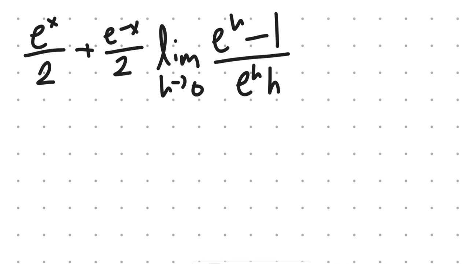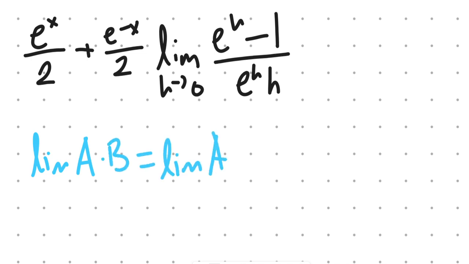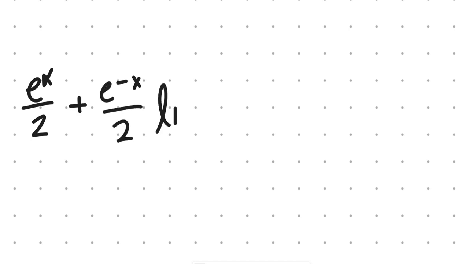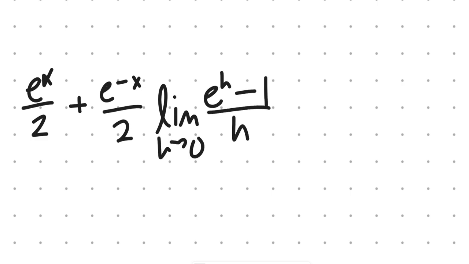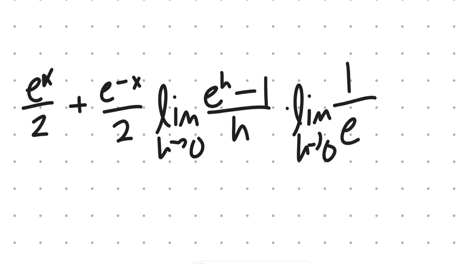Using our multiplication property, that the limit of a times b is equal to the limit of a times the limit of b, which I will prove in another video using the epsilon-delta definition, we can split this into two limits. So we have e to the x over 2 plus e to the negative x over 2 times the limit as h approaches 0 of e to the h minus 1 over h, times the limit as h approaches 0 of 1 over e to the h.